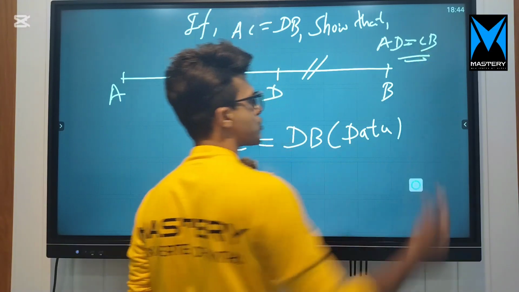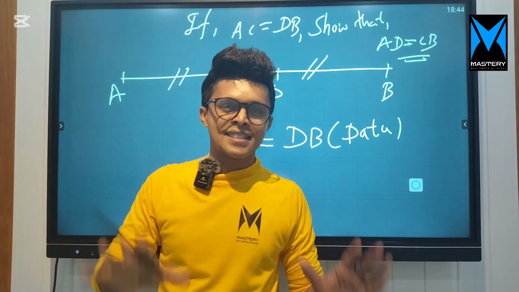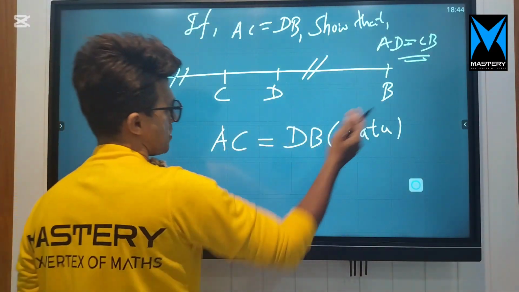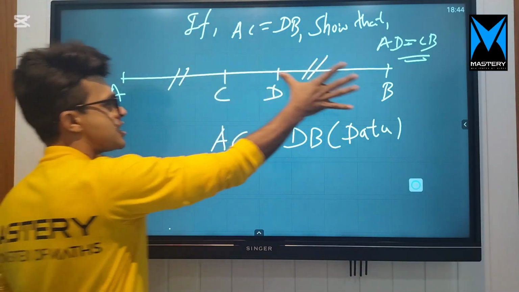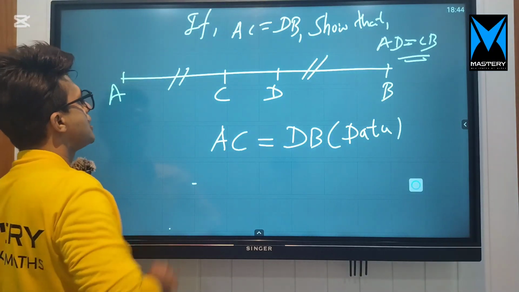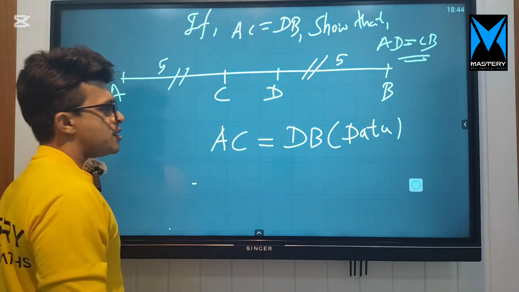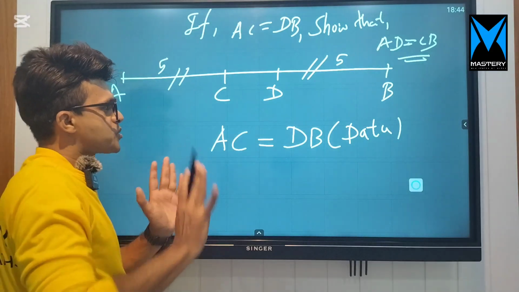Right? You need to show that. It has been given that AC equals DB. This means if this is 10, this one is also 10. I will write here 5 cm, and this one also 5. Then there is no need of writing these values, right?